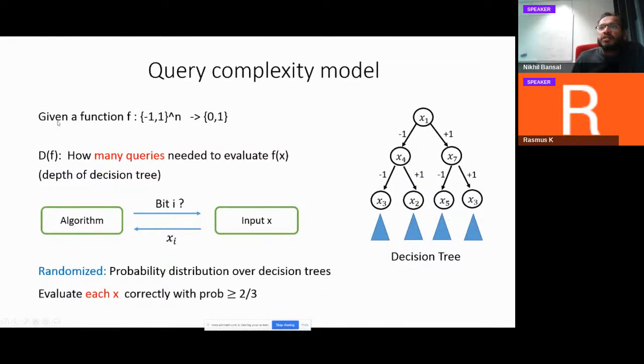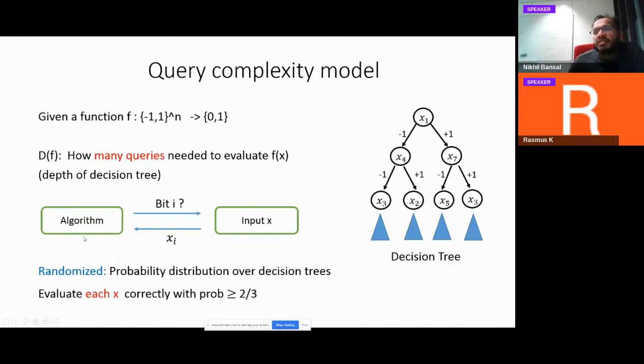So let's look at the query complexity model in the classical setting first. Here we are given some function that we are interested in. Let's say it's a function on n bits, like {-1, 1}^n, and let's say it's a Boolean function to {0, 1}. And we want to evaluate it on some input x. But this input x is not given to us.